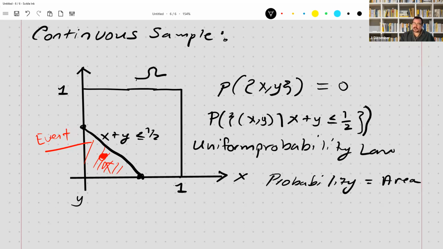Now, you still have to have all the axioms of the sample space. Like, for example, my unit square, I have to have the unit square because it has to meet normalization and non-negativity, right? And that's why any probability density function you see, the area under your probability density function will always be equal to 1.